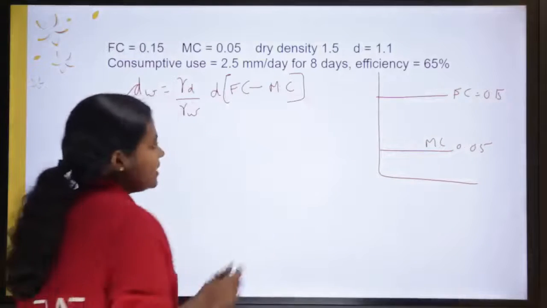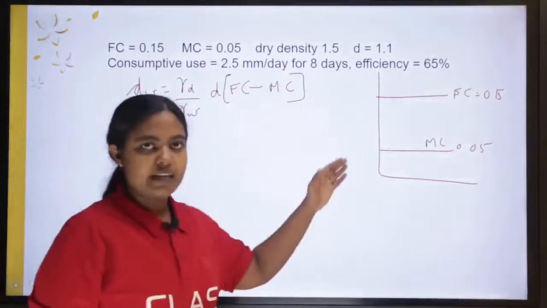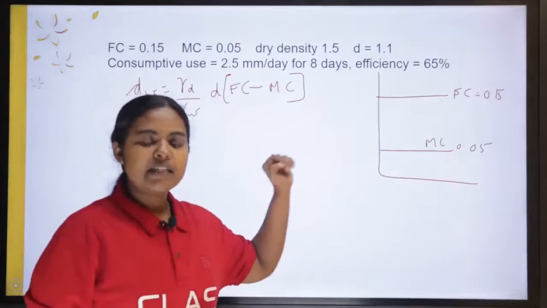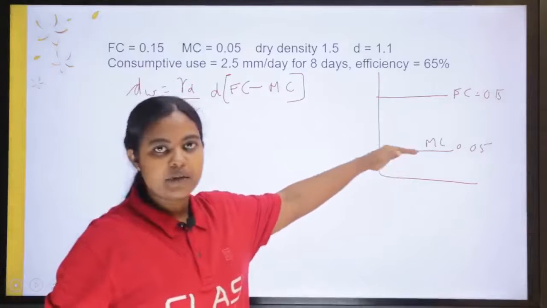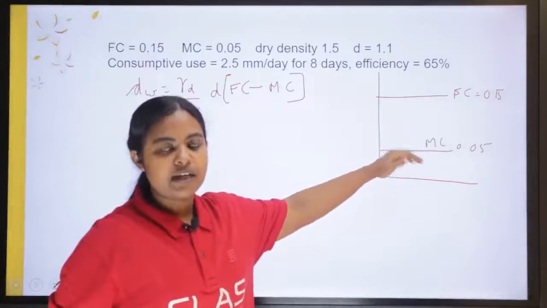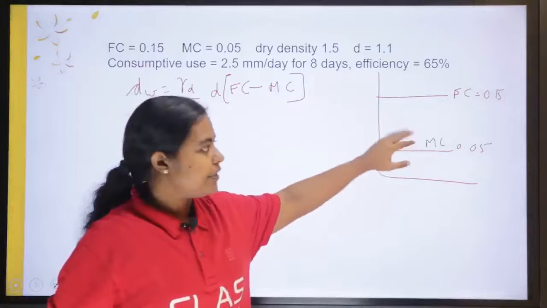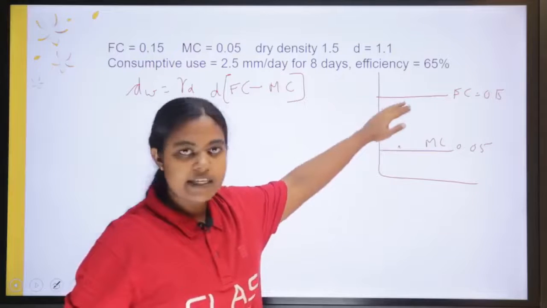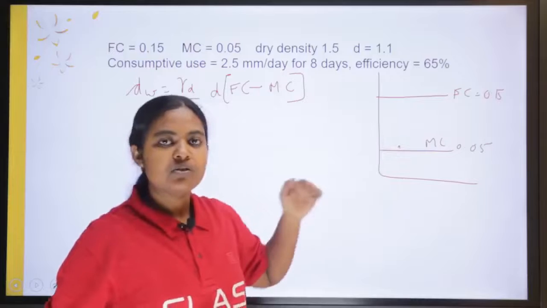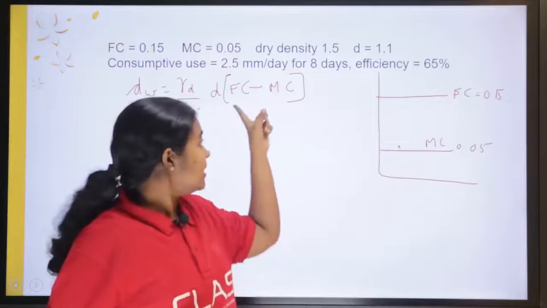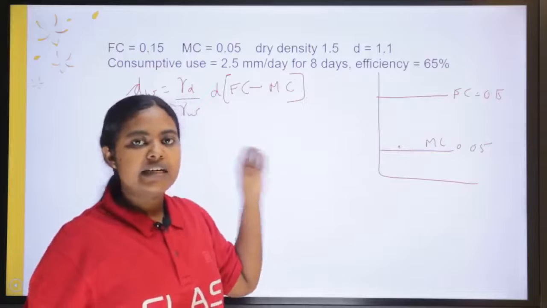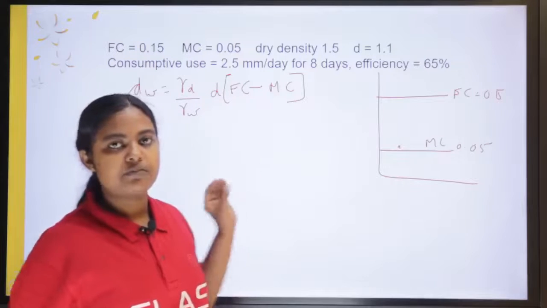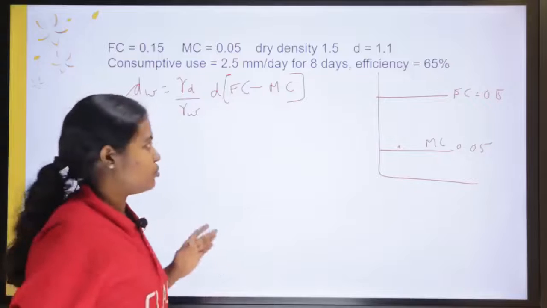Usually we take optimum moisture content, but in this case presently the moisture content is 0.05. Now we have to increase it from this value to the field capacity by supplying water. So if we take the difference of field capacity and the moisture content, we will get the depth of water corresponding to the difference of those two.